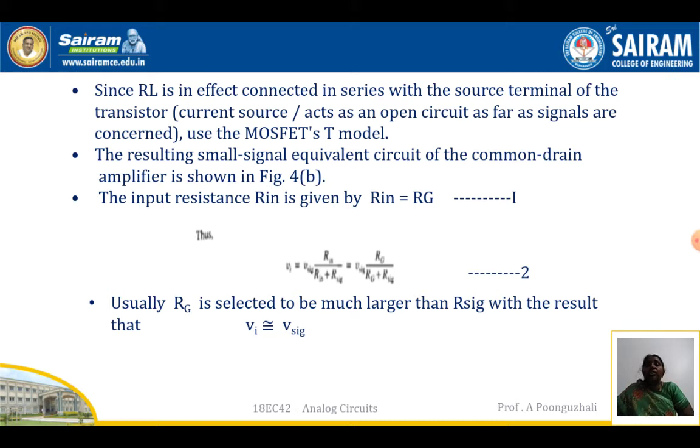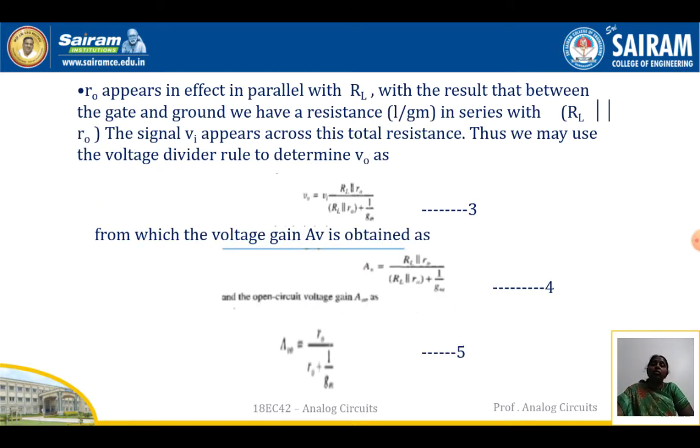Usually the input resistance of the MOSFET is very high compared with the signal resistance. So when it is very high, I can neglect R signal, and in that case it will be V signal into RG by RG. That means my input voltage Vi is equivalent to the V signal voltage.